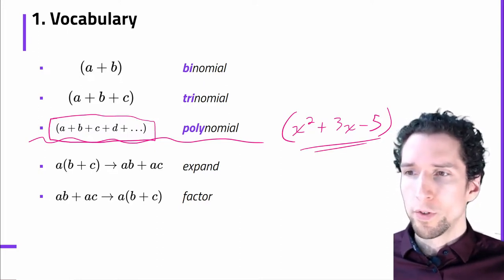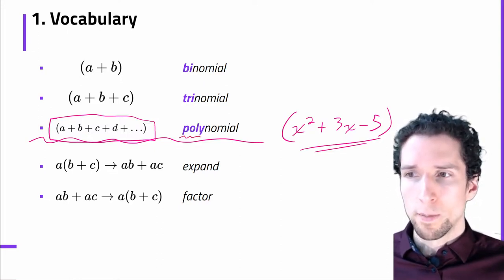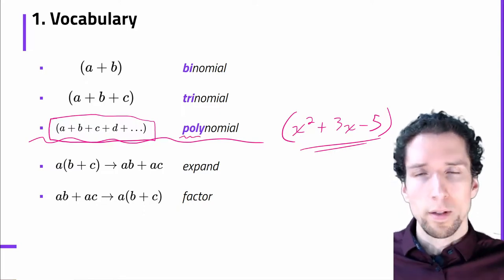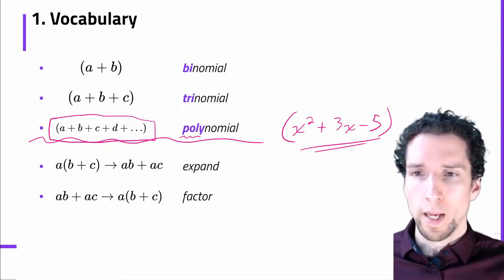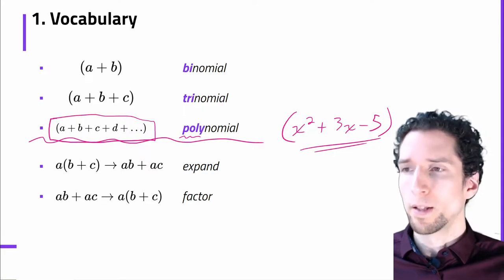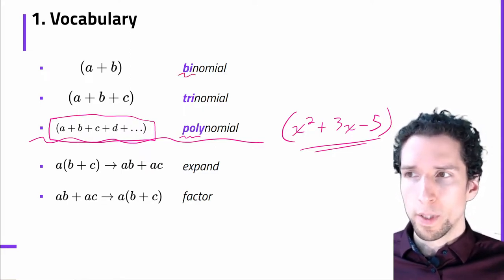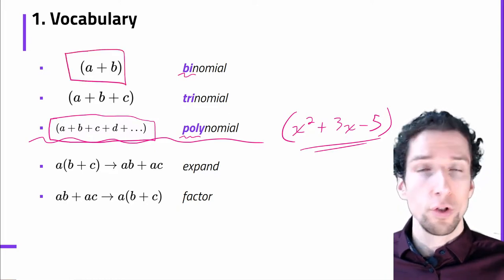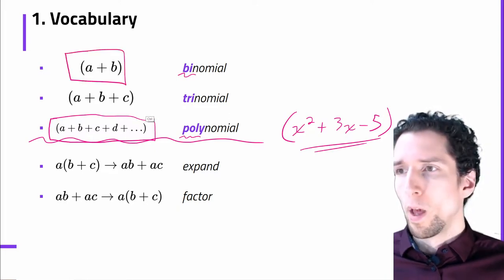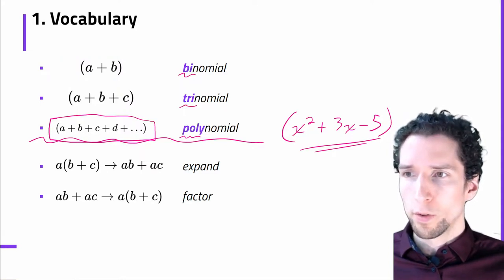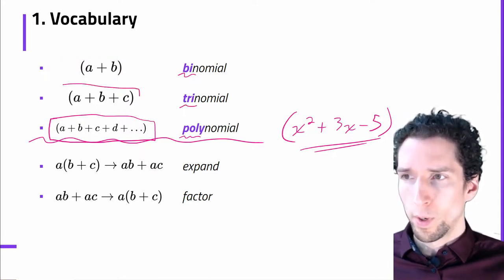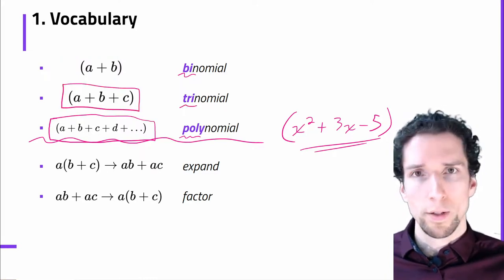So polynomial is just general. Poly means many. So many parts that we can't really add or subtract from each other. We can't simplify. A binomial is specifically one with 2 parts, and a trinomial, tri is 3, so one with 3 parts to it like this.